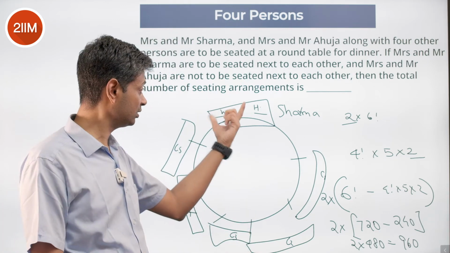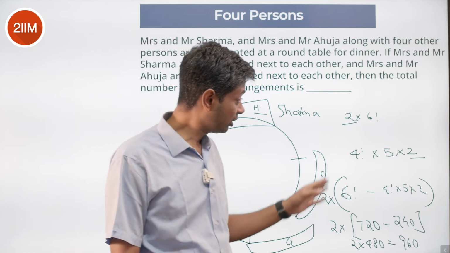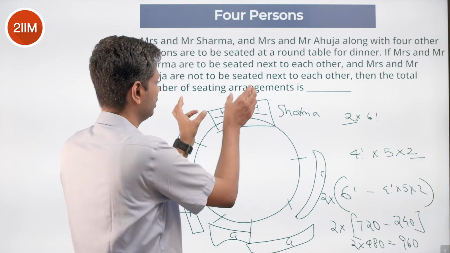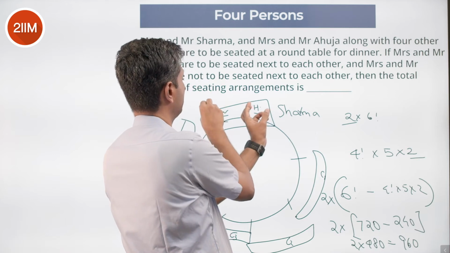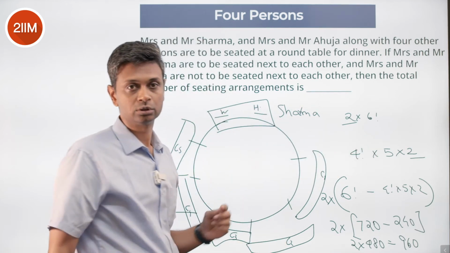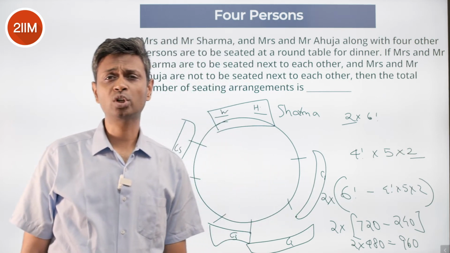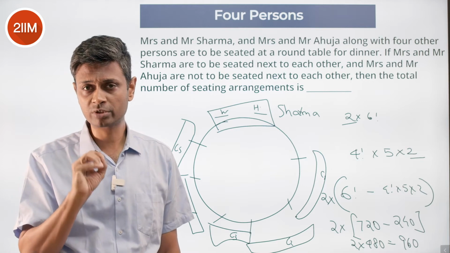So my final answer is 2 times 6 factorial minus this number. Assuming husband and wife are like this, I'll have to subtract this. Assuming wife and husband, I have to subtract this. So twice of 6 factorial minus this, 720 minus 240, 480, whole thing into 2, 960. Beautiful question, super challenging question.